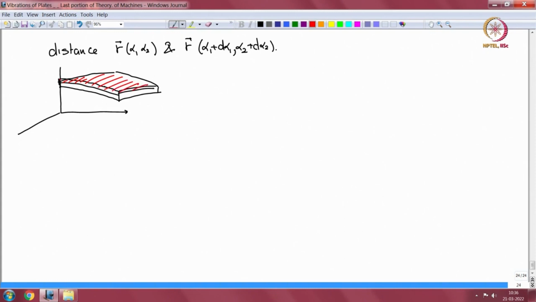Okay, there is a material around the middle surface that makes up for the thickness or solidity. So, R now refers to a point on the middle surface which has coordinates alpha 1 and alpha 2.